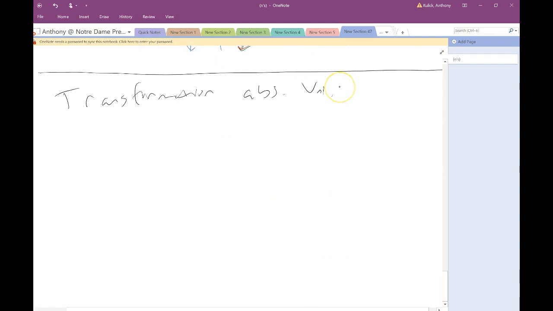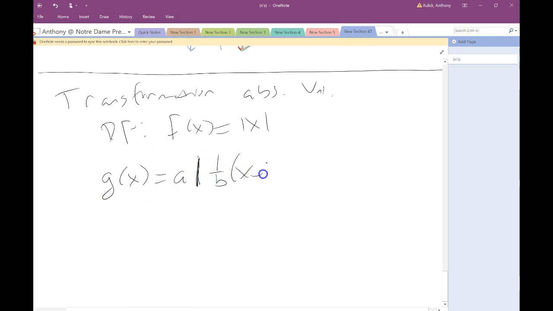So when we talk about transformations of an absolute value function, we are always referring to the parent function where it's just the absolute value. So my general form here with my a, b, h, and k is going to look like this. And I'm going to use that in my descriptors for a, b, h, and k to describe the transformation.